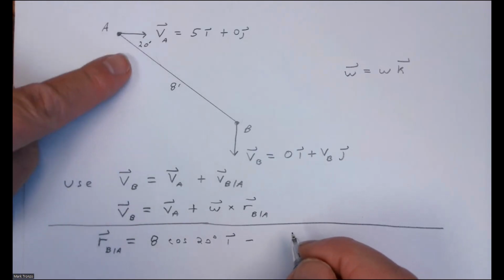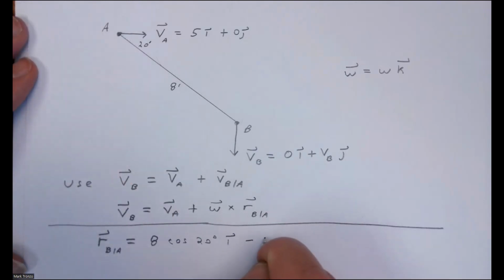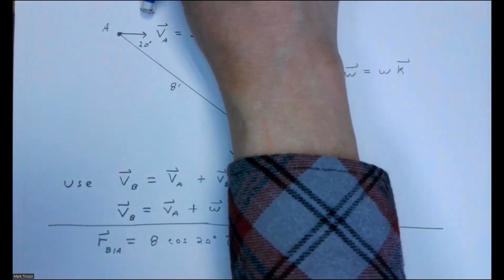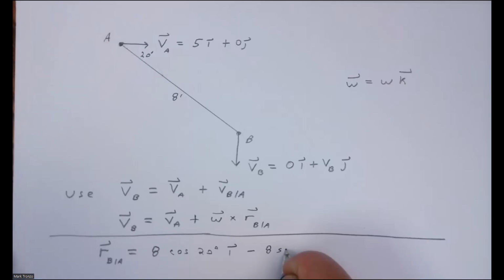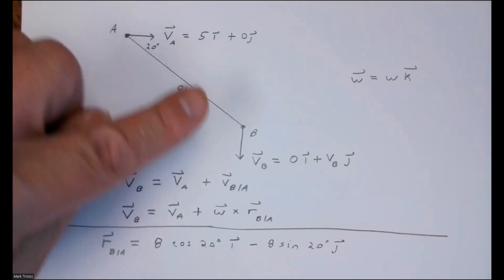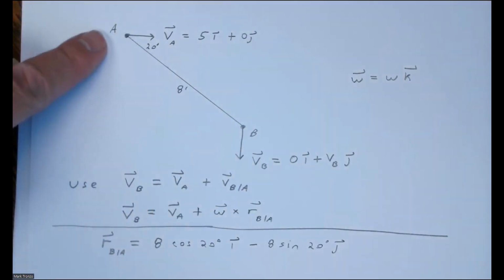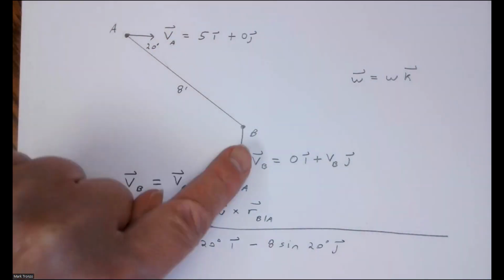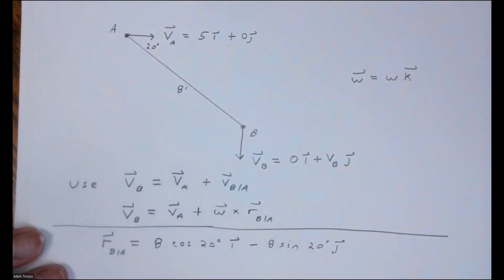If this was cosine, this has to be sine, so 8 sine 20 degrees. So to get from A to B, in the x direction 8 cos 20, in the y direction 8 sine 20.